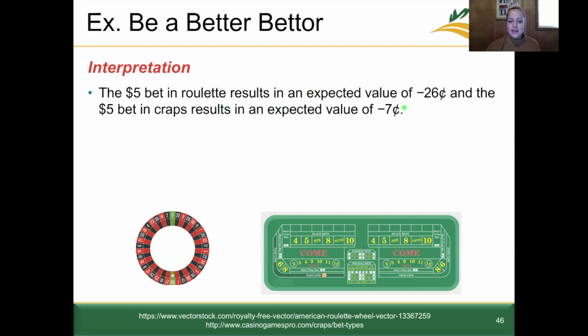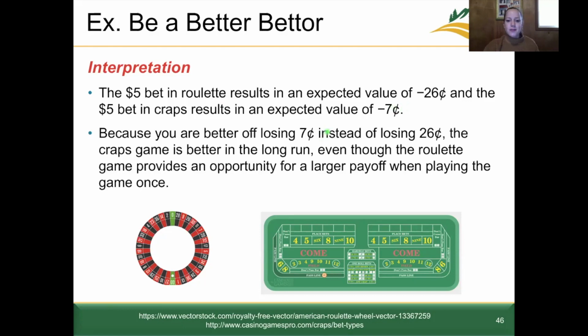So piecing this together, because you're better off losing 7 cents rather than 26 cents each time you bet $5, the craps game is a better bet in the long run. This is even though the roulette game provides an opportunity for a larger payoff when playing the game only once. But if we're playing this over and over and over again, then we'd rather lose 7 cents each time than 26 cents.